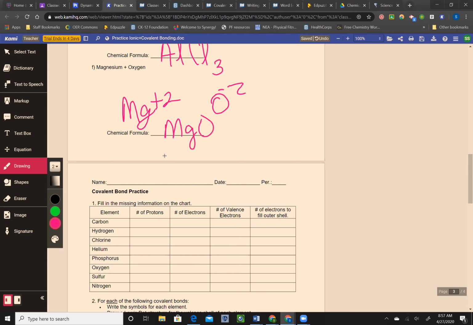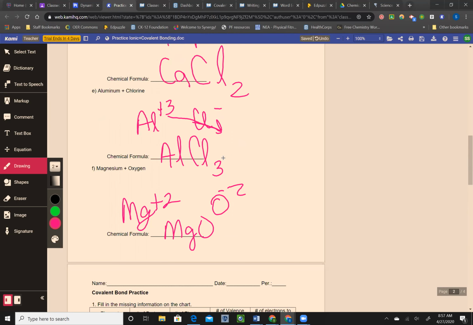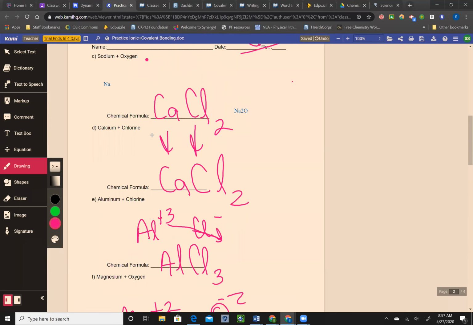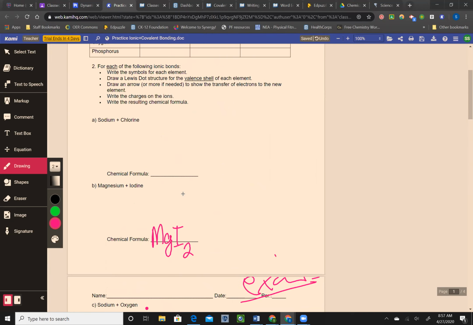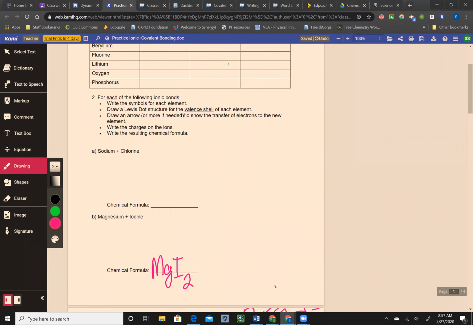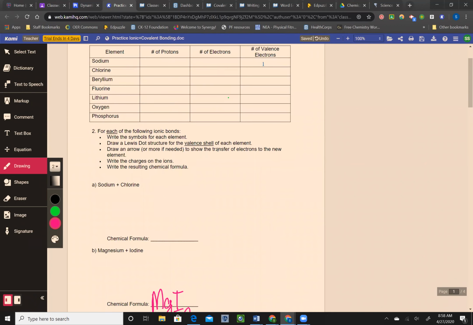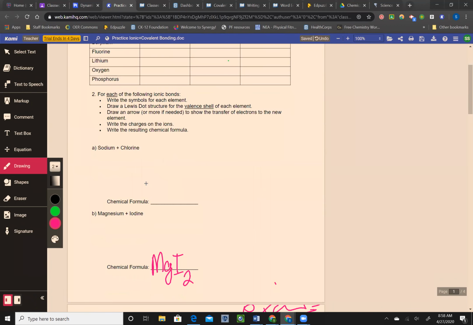And there you go. Now, I just want to be clear real quick that I did not show the work on these right here. I'm just giving you the answers, showing you that there is a quick way to find chemical formulas for these elements. But the purpose of this is to go through to realize the valence shells and how electrons transfer to a new element.